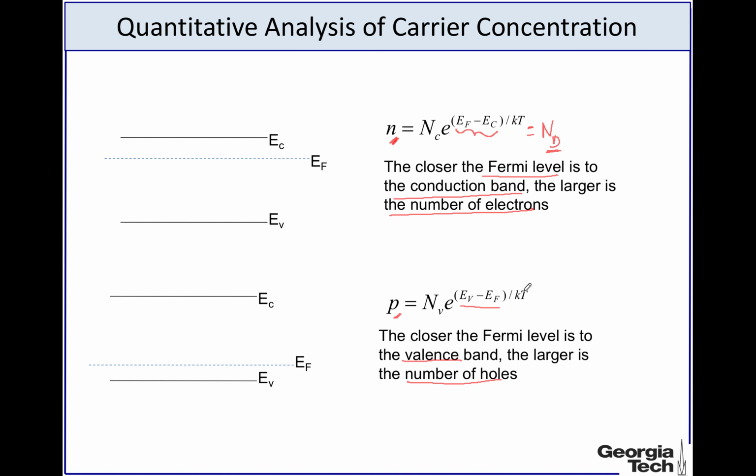In a p-type semiconductor, the number of holes will be equal to the density of acceptor dopants, and again, based on this relationship, you can calculate the position of EF in the band diagram. So in an intrinsic semiconductor, the Fermi level is right in the middle of the band gap. In an n-type semiconductor, EF is closer to EC, and in a p-type semiconductor, EF is closer to EV.